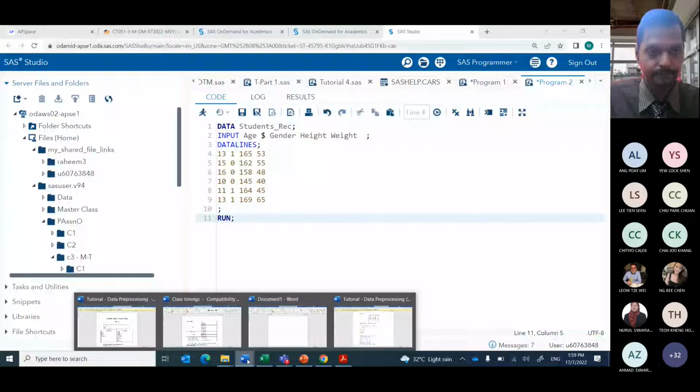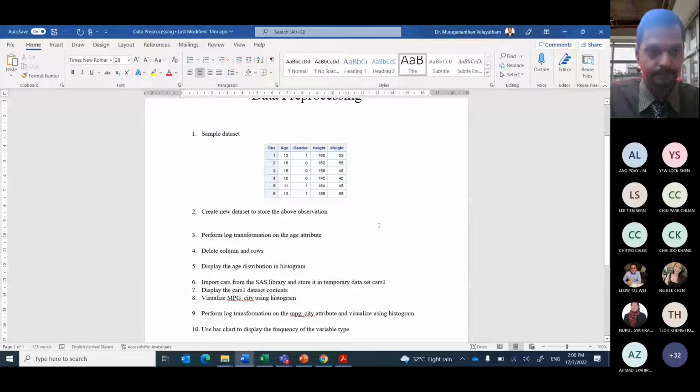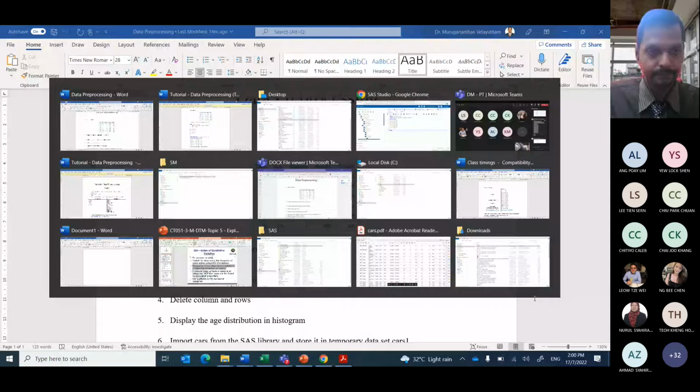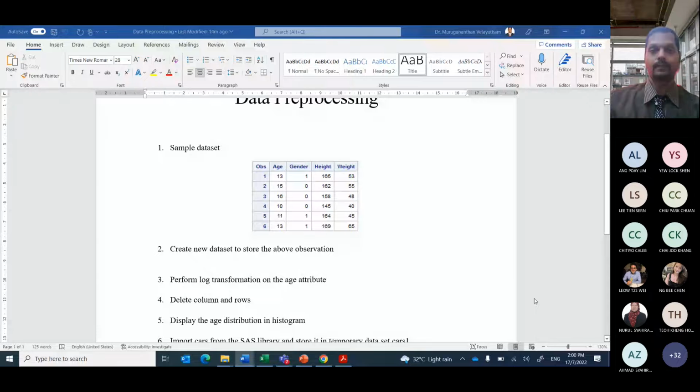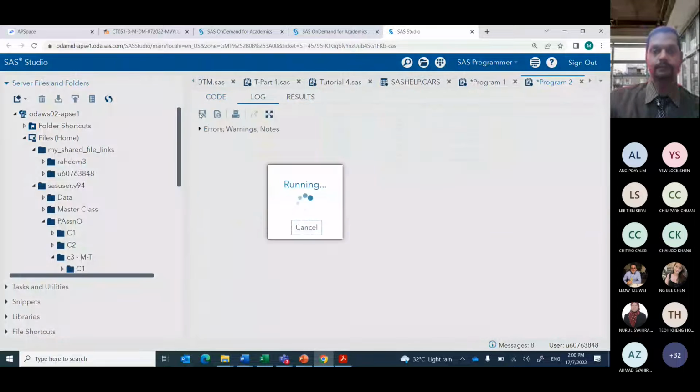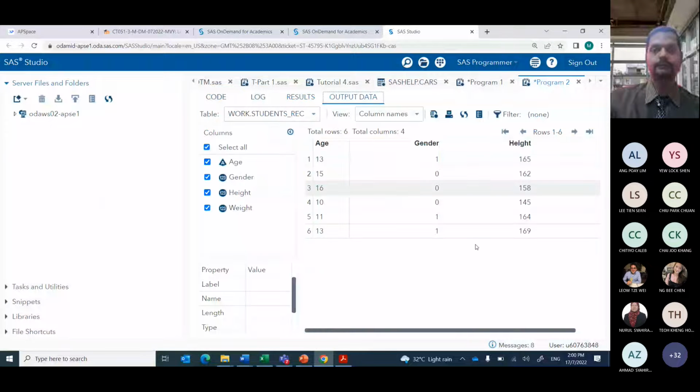So we have age, gender, height, and weight. Okay, very good.